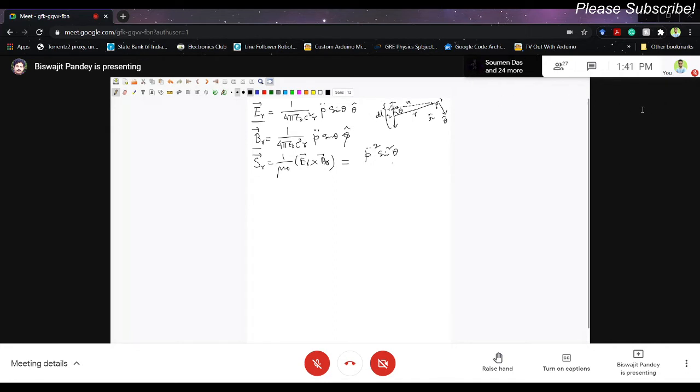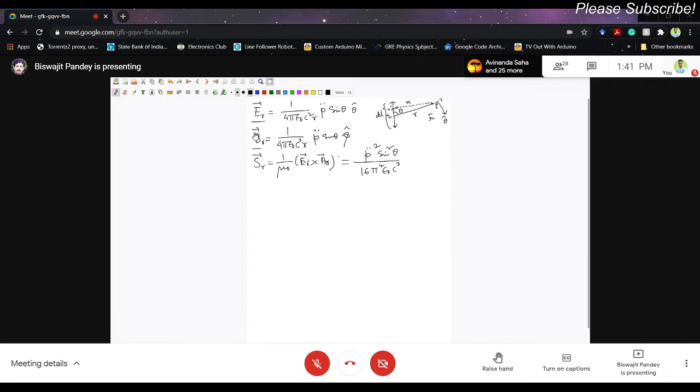So p double dot square sine square theta divided by 4 into 4, 16 pi square epsilon 0, and then c cube times r square.